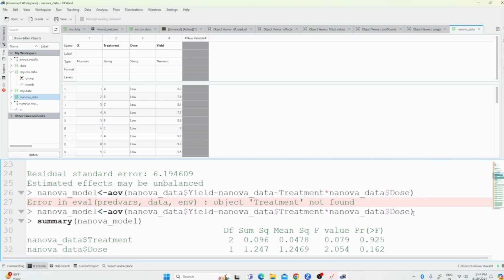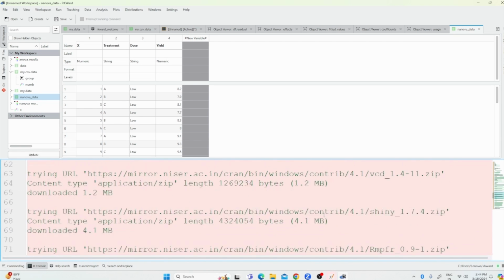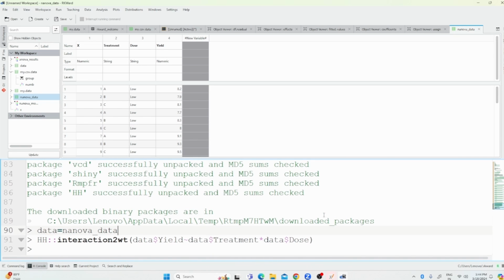So we have done two-way ANOVA through the command line. Okay. So this is very important. We have to understand that interaction effects will help us in understanding lots of things. Okay. Now I will go to something new.